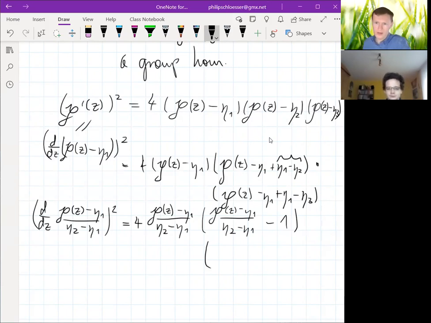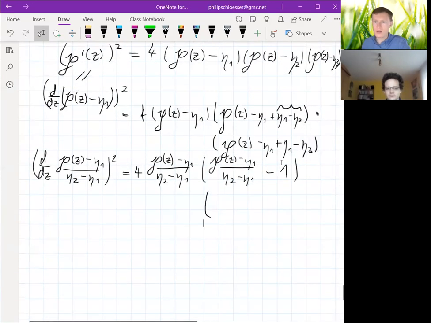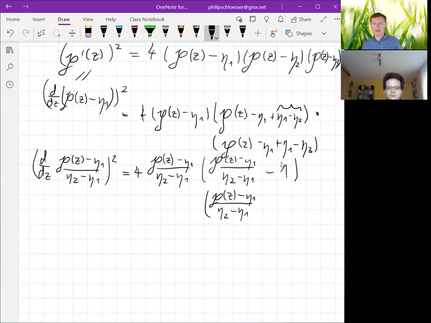And lastly, we're also going to do a bit of a fraction. But now we don't have any more factors of eta 2 minus eta 1, so we have to multiply again. Eta 2 minus eta 1.